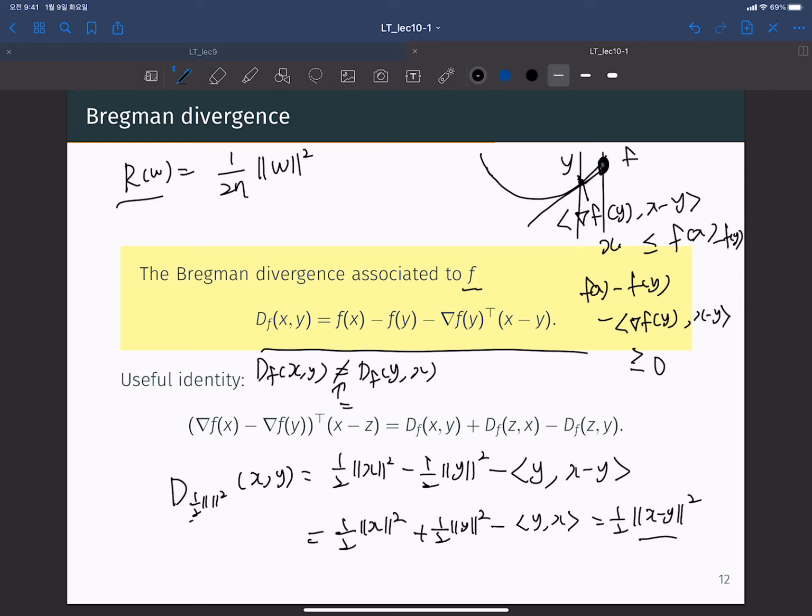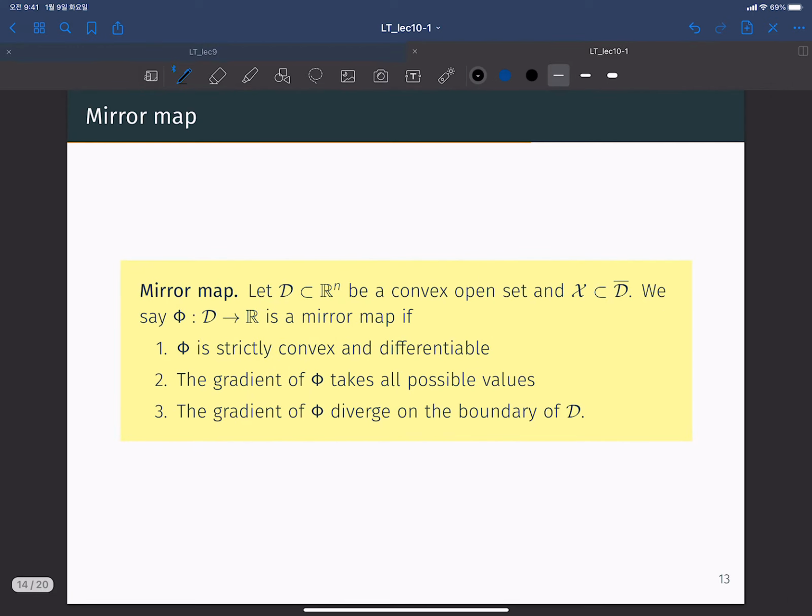But when we replace this norm squared with a more general convex function, such a beautiful property does not hold anymore. Bregman divergence is not a distance. It does not have the symmetric property. Okay. Right. And we also need to know the mirror map. So what is the mirror map?